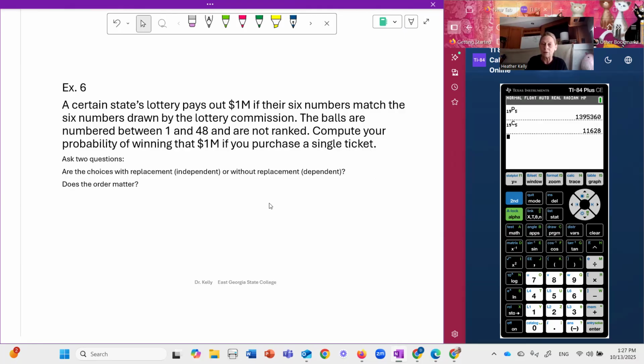Now, we still have to ask our questions. Are our choices with replacement or without replacement? If you've ever watched them draw the lottery, you know that a little ball comes up, and they remove the ball from all the other numbers that are floating around, and then comes the second ball. They don't ever put the ball back in. So this is definitely without replacement.